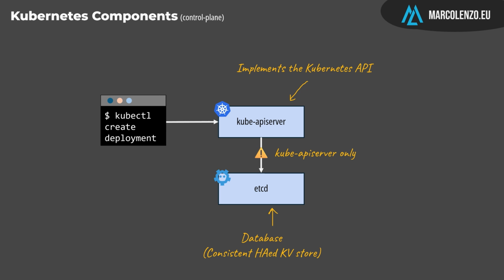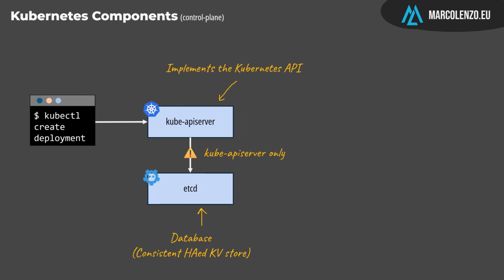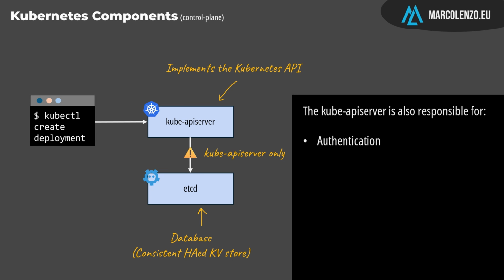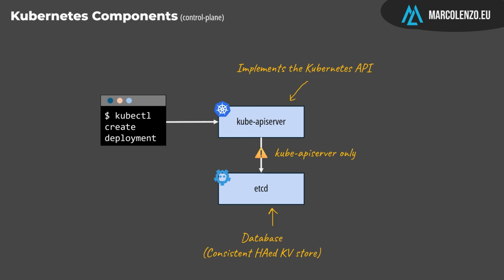Given its privileged role, the API server is also the place where authentication, authorization, auditing, and validation of incoming requests takes place before they are processed. Once these checks pass successfully, the desired state is saved in etcd.